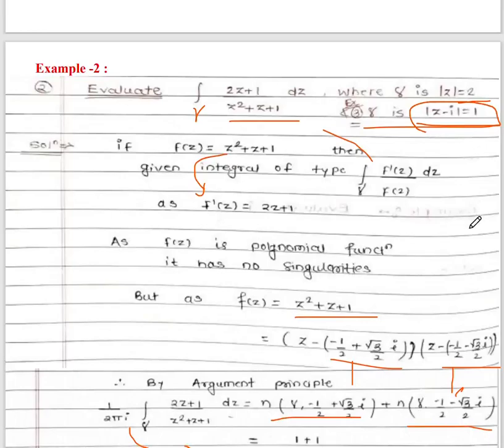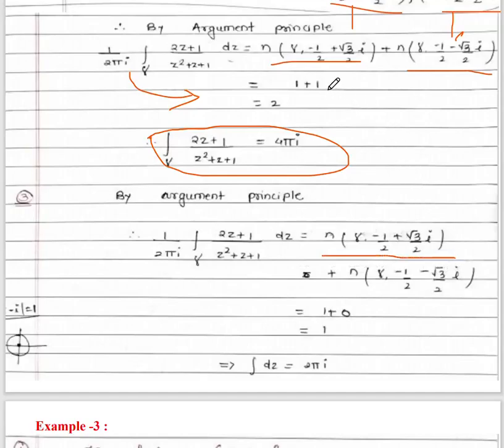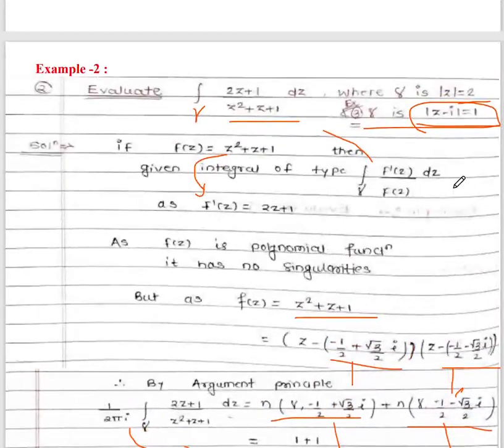Similarly, we can find the integral for this circle, that is |z minus i| equal to 1. By using the argument principle we can write directly 1 upon 2 pi i integral over the curve of (2z + 1) upon (z² + 1) dz. So the index of the closed curve at a point, we have been given this point and again for this point. Here the center is i and the radius is 1.